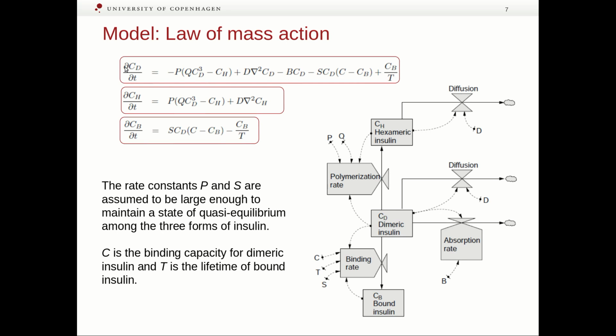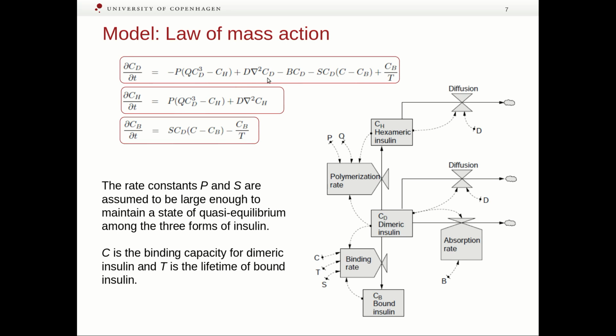The dimeric insulin takes part in the binding process. It's just the negative value of the binding rate for the bound insulin. The dimeric insulin takes place in the exchange with the hexameric insulin. This is again with just the opposite sign.